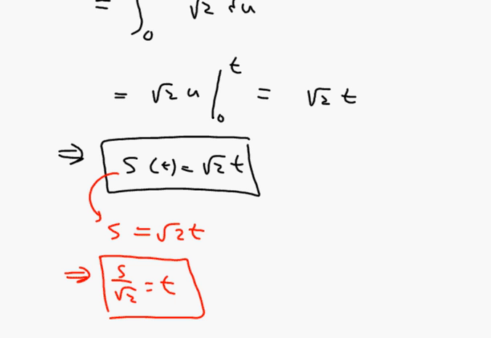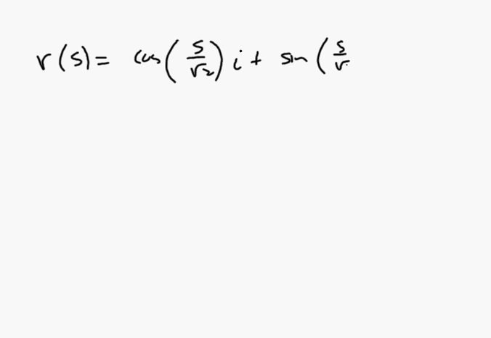So now what I'm going to do is I'm going to create a new parameterization for the helix. I'm going to say, consider a new function, r of s, and it's going to be this. Cosine of s over rad 2 i plus the sine of s over rad 2 j plus s over rad 2 k.